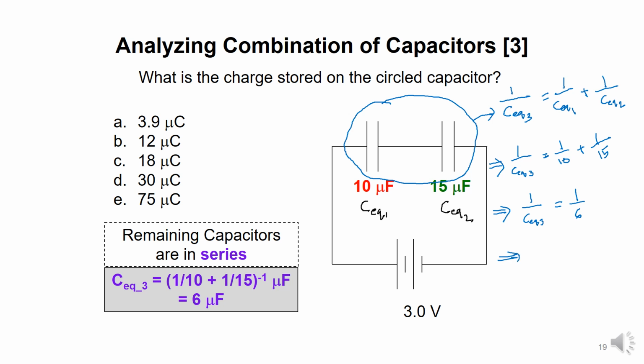So 1/6 is the reciprocal of C equivalent 3. So 1 over C equivalent 3 equals 1/6. So you flip both sides and we get C equivalent 3.